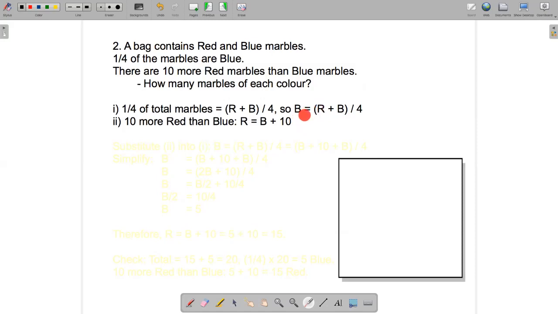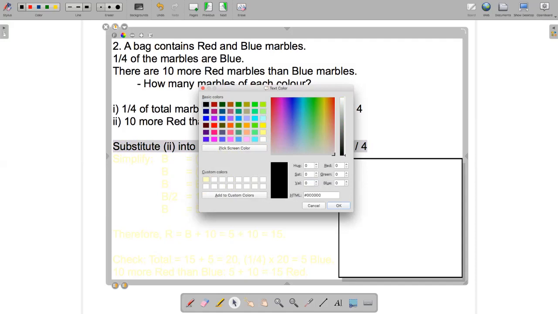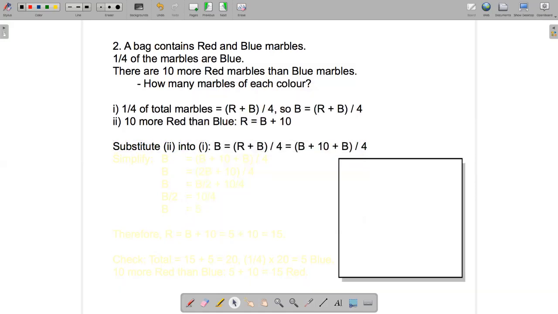So we'll have B equals B plus 10 plus B, all divided by 4. And then this equation just has B in it. So we can solve this for B.